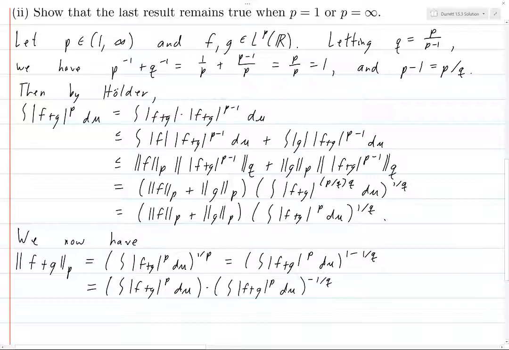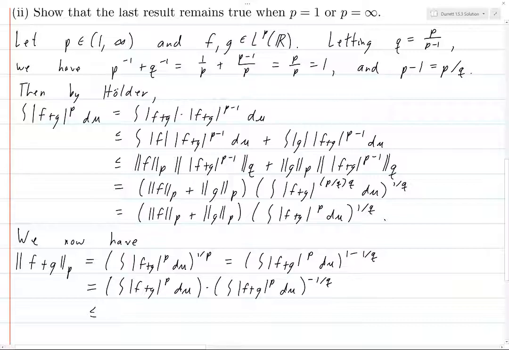Okay, but look, on the thing on the left, we have the integral of f plus g to the p d mu, and now we can apply the inequality from the previous equation. So this whole thing is less than or equal to the p norm of f plus the p norm of g, times the integral of f plus g to the p d mu to the power of 1 over q, and now we're multiplying by the integral of f plus g to the p d mu to the minus 1 over q.